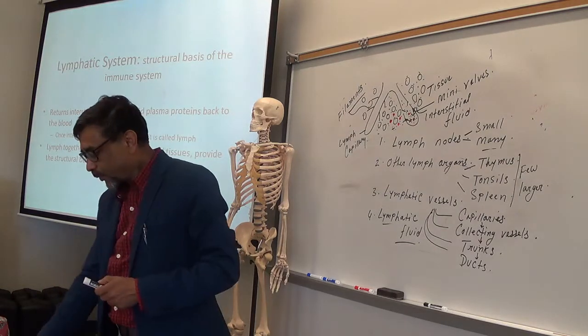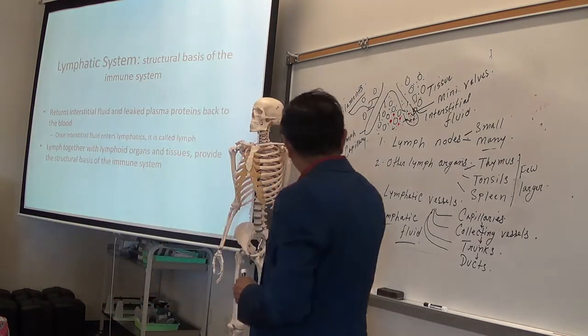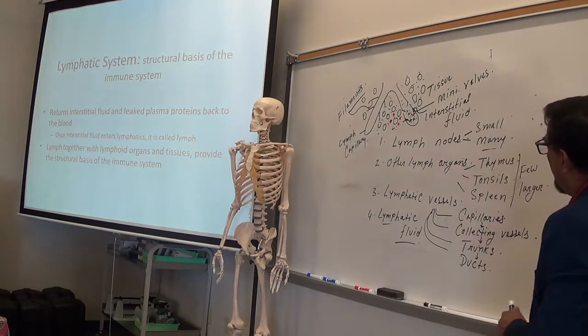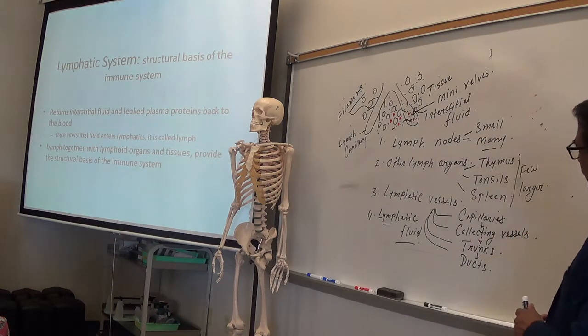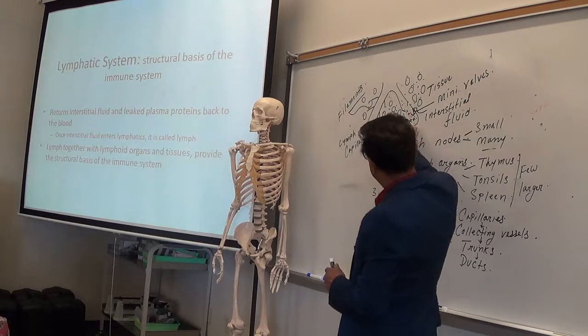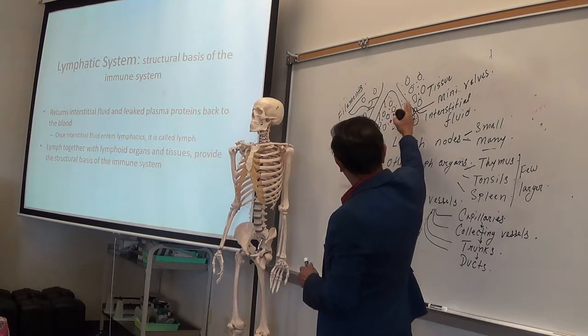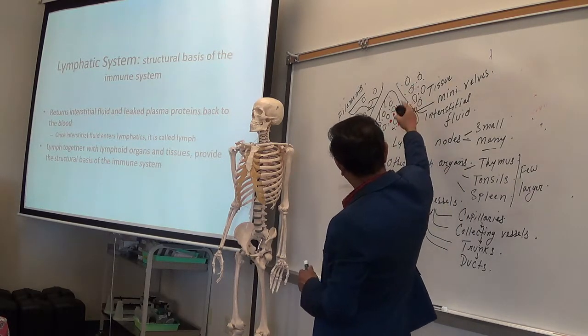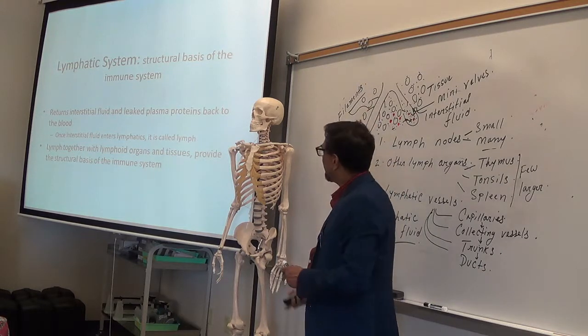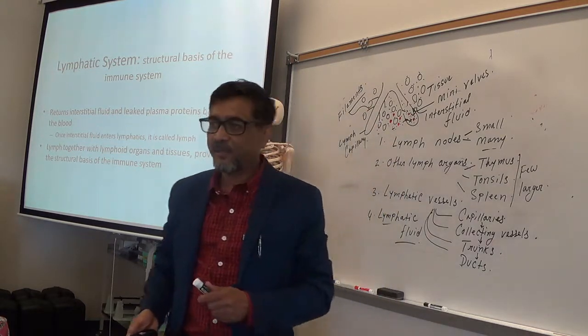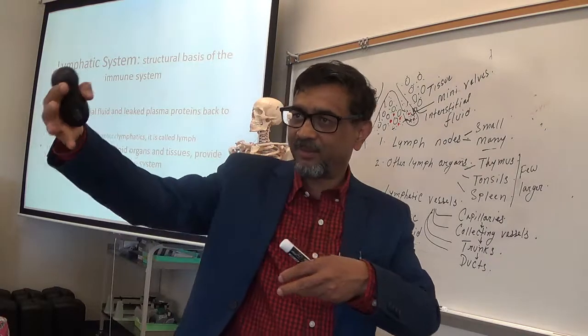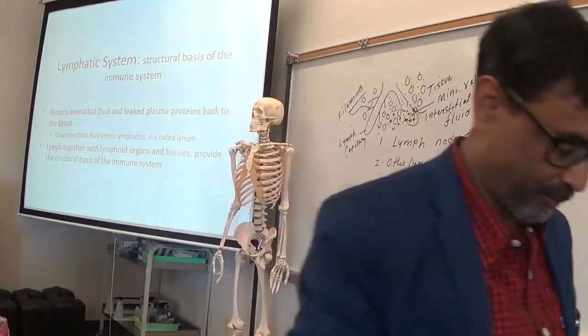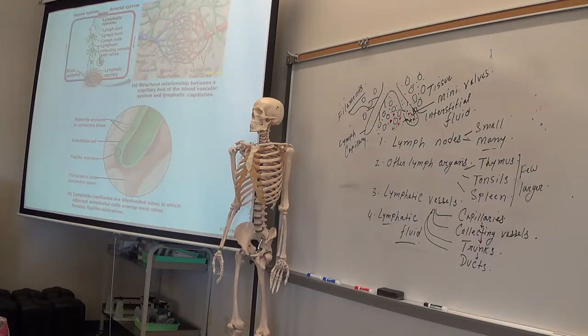Those are a few things you need to know about the lymphatic capillary or lymph capillary: blind-ended or dead-ended, has mini valves that open inwards, and the filaments anchor the capillaries to the adjacent tissue. Make sense?